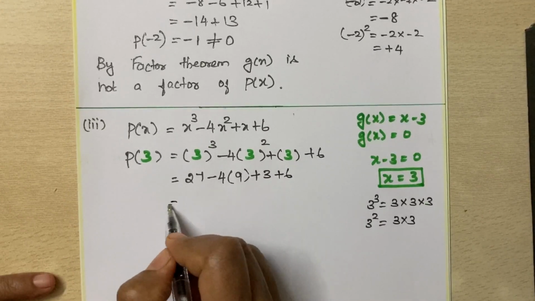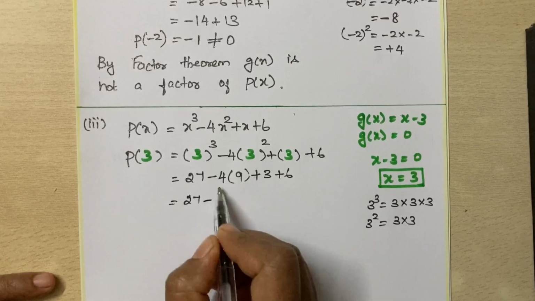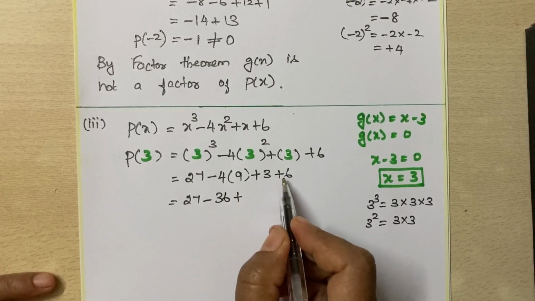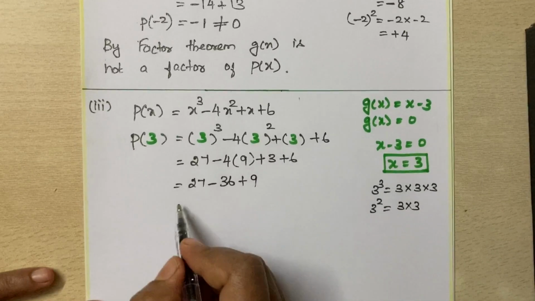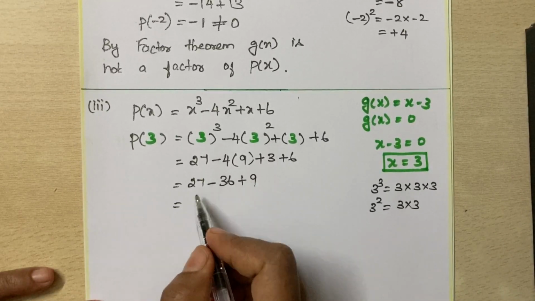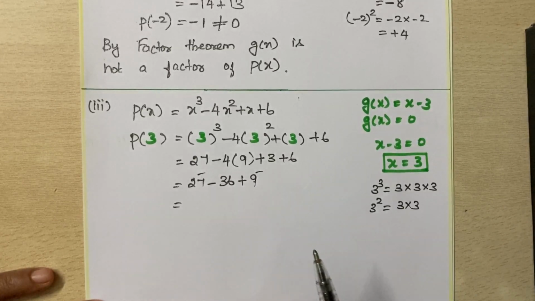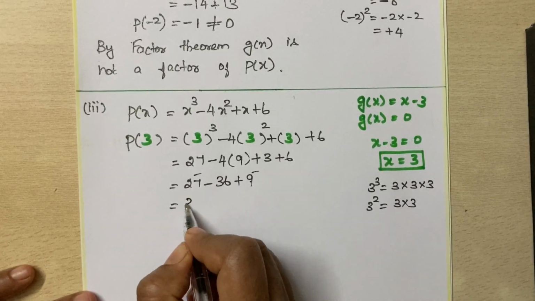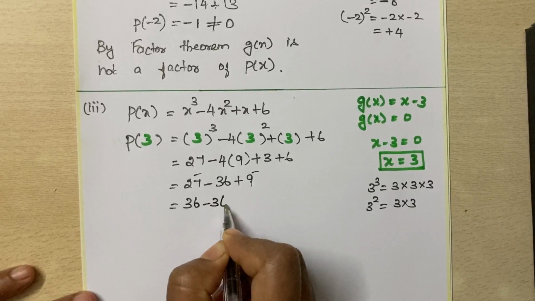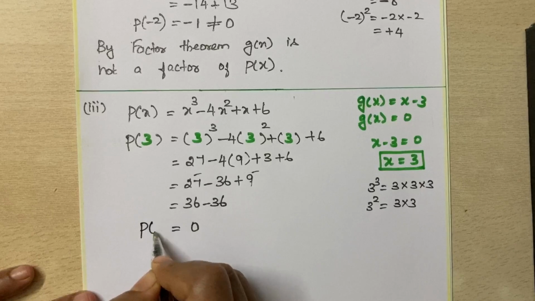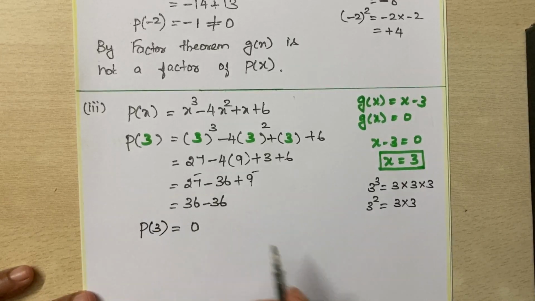Now 27 minus, we can multiply, 4 9s are 36, plus 3 plus 6 is 9. Now let us add the positive numbers, 27 plus 9, so this one and this one. 27 plus 9 is 36. Minus 36. 36 minus 36 is 0. That is P of 3 is equal to 0.